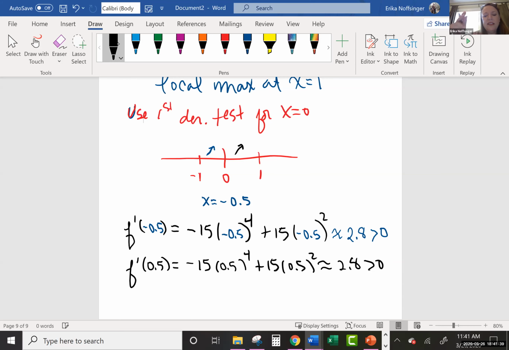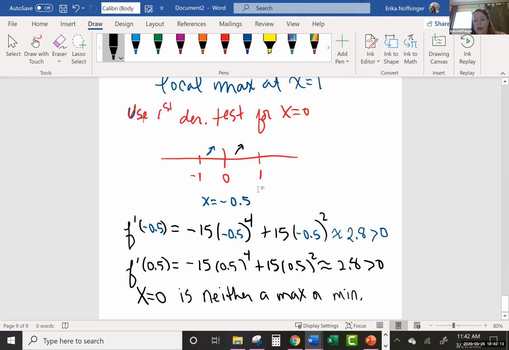So if I have something that is increasing on the left of 0 and increasing on the right of 0, then what do I know about what's happening at x equals 0? Because it's increasing and it's not changing direction, it's neither a max nor a min there.